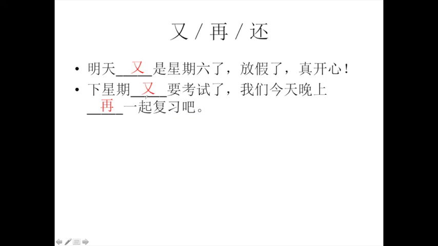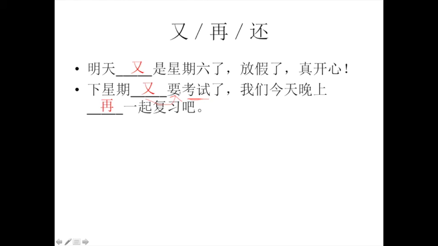So, 又 modifies 要 instead of 考试. What does 要 mean? It tells you it's a planned or scheduled event. 下星期要考试。Although 考试 has not happened yet, the planning or scheduling is already done. Thus, we use 又 instead of 在 to modify 要.